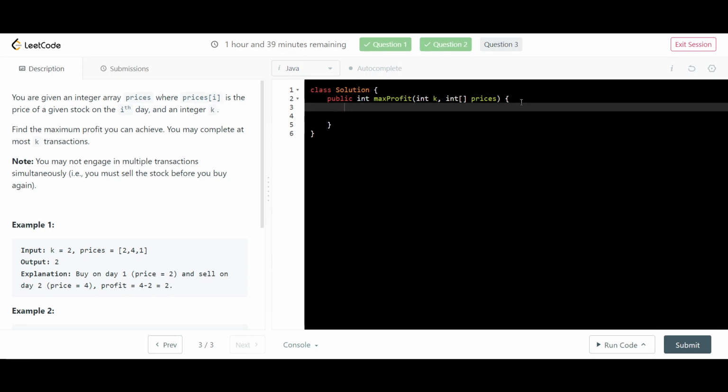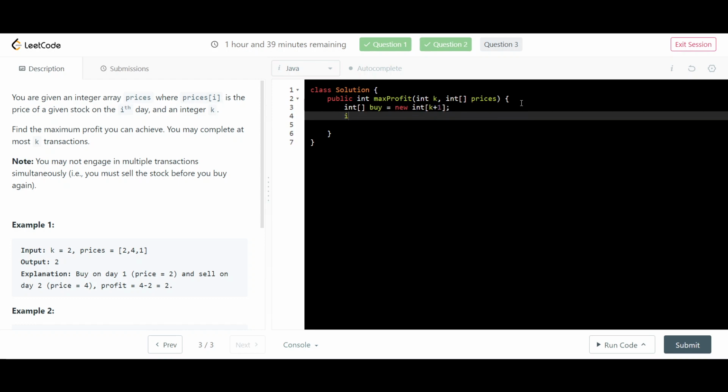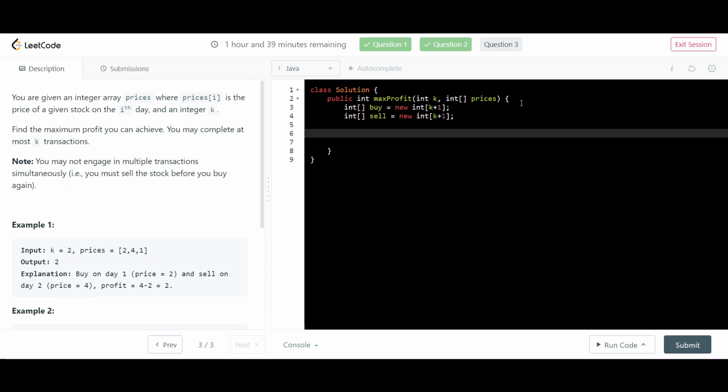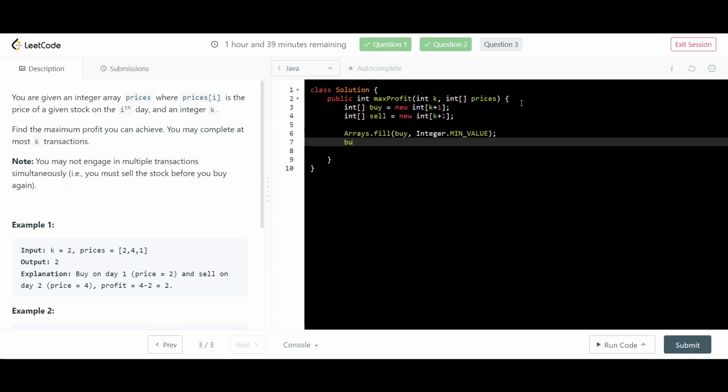So I'm gonna build these two arrays. So buy equals new int of size k plus 1, and similarly sell equals new int of size k plus 1. And we know that when you buy, the price reduces, so your overall balance might become negative. So you want to initialize that, but not for buy of 0.